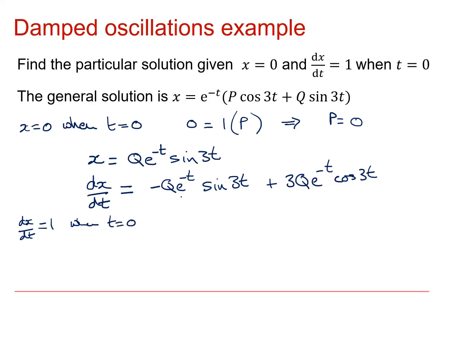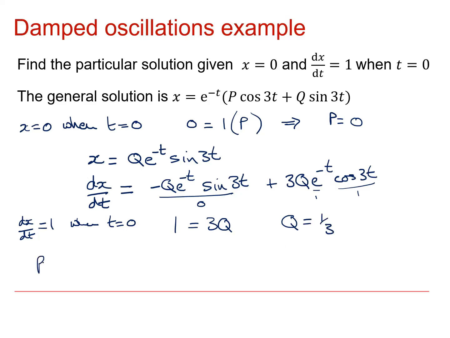And if I plug that into there, this bit's going to be 0, and this bit here is just going to be 1, and this bit is going to be 1. So I just get 1 is equal to 3q, and that gives me q is equal to 1/3.